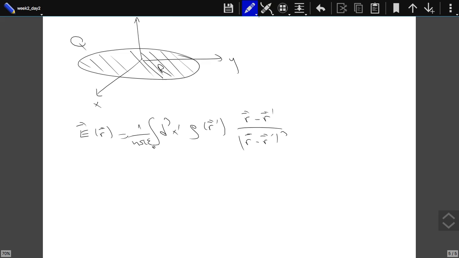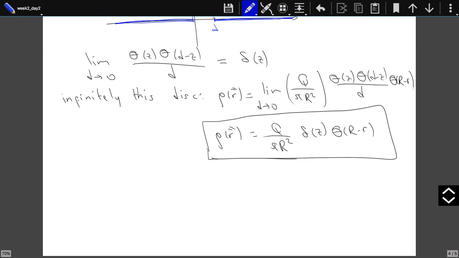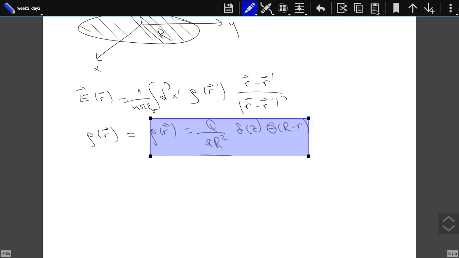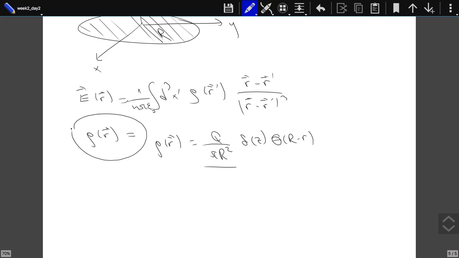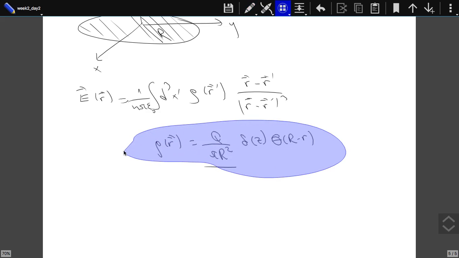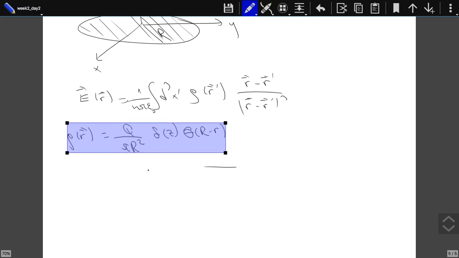We had evaluated rho of r, and we said we had calculated it over here. This is our charge density. So we just put it in the above expression.